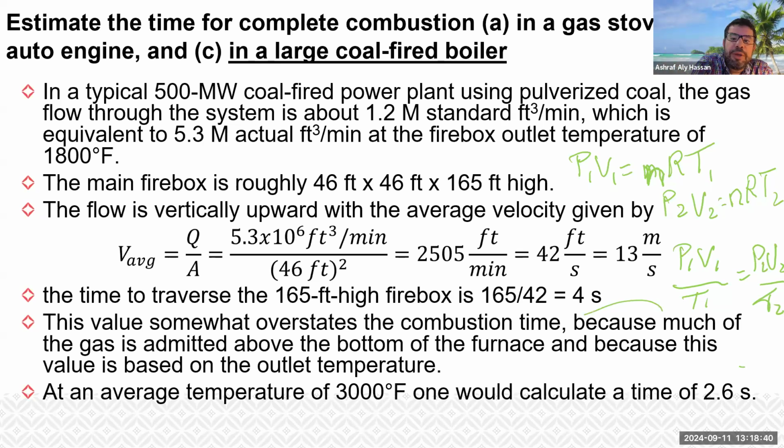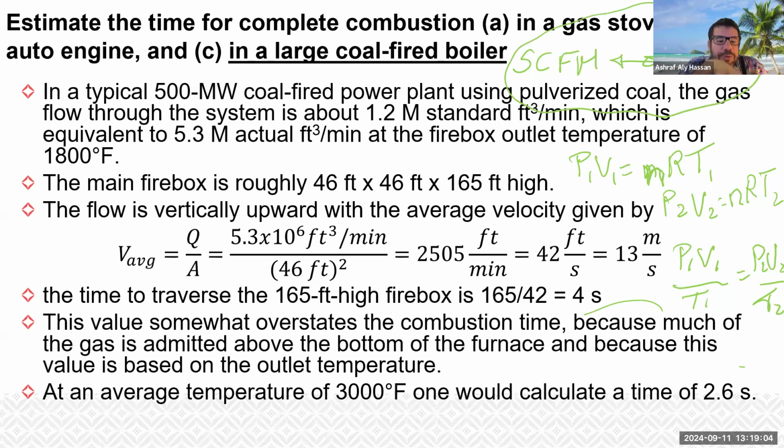SCFM is standard cubic foot per minute, and the other one is called ACFM, which is the actual cubic foot per minute. And based on this relationship, P1 V1 over T1 equals P2 V2 over T2, you can actually convert between both flow rates.